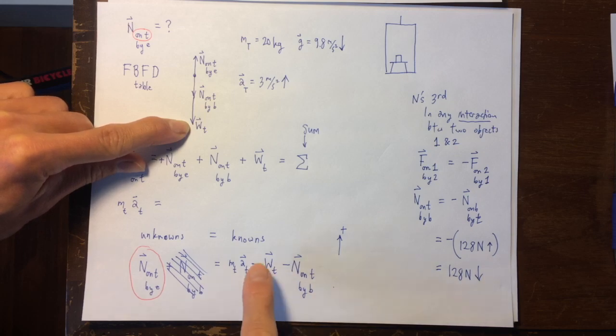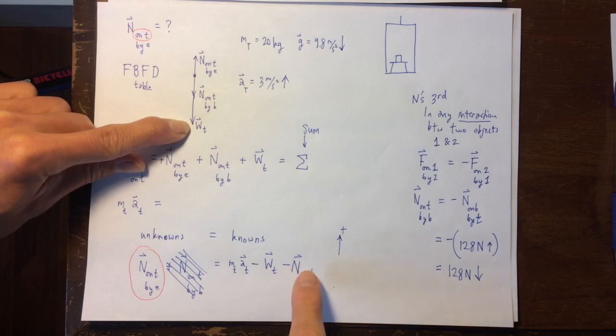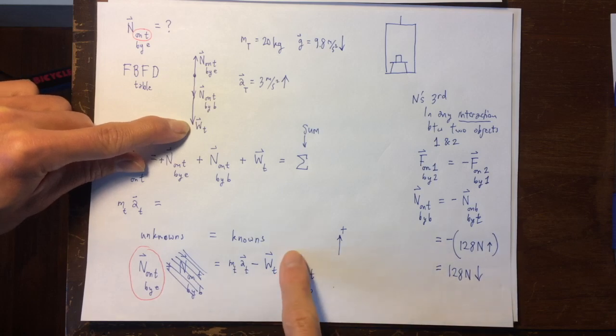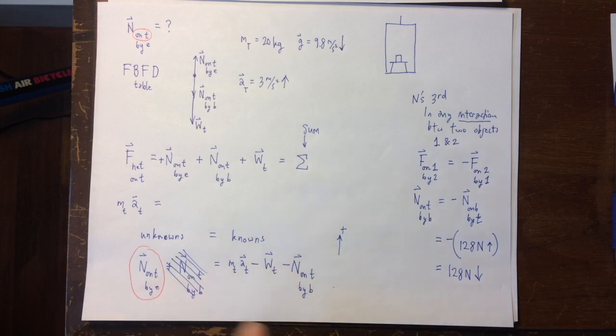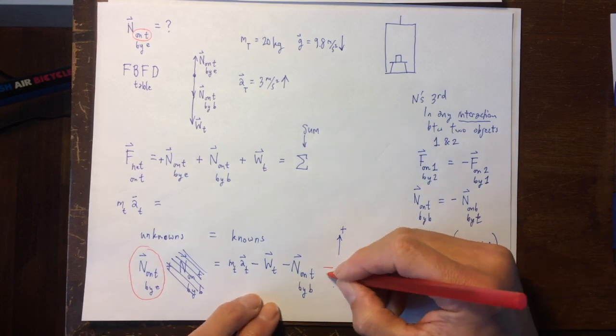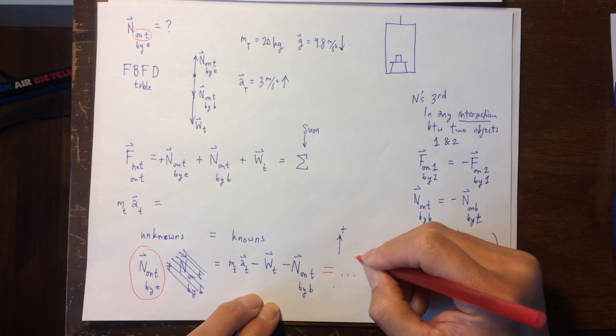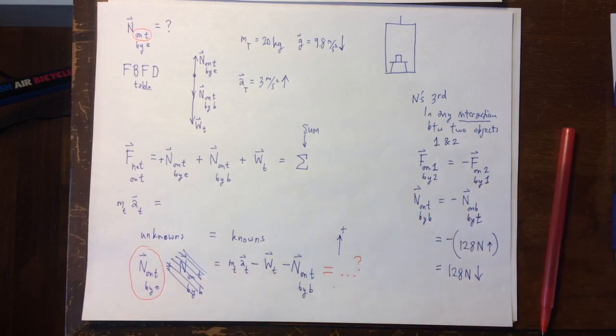So it's going to go minus, minus. And then again, the normal force on the table by the box pushes down on the table. So this is minus a down, which is an overall up. Yeah. So you're going to accumulate up a big answer, and I'll let you finish this.